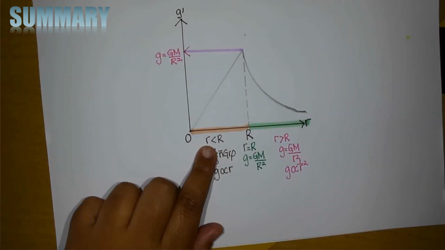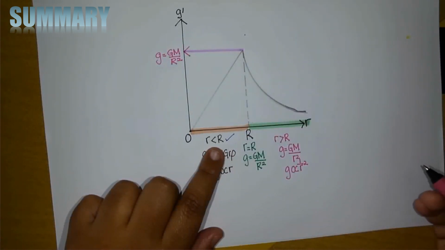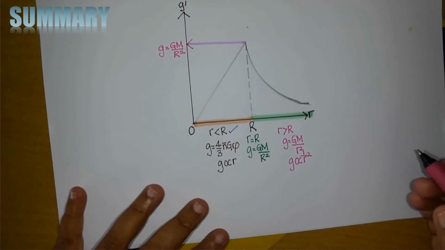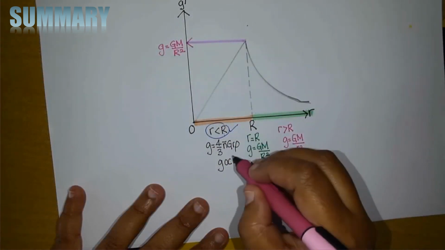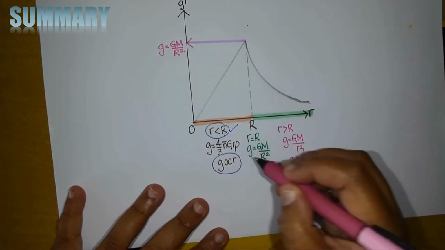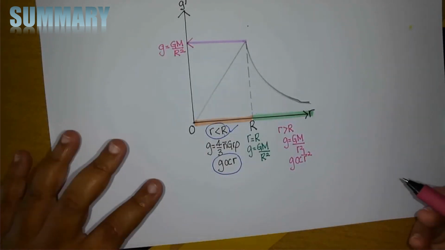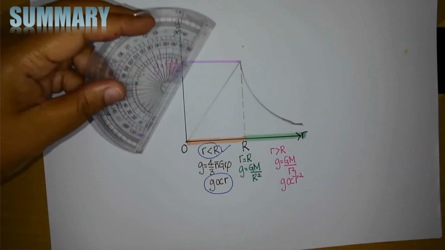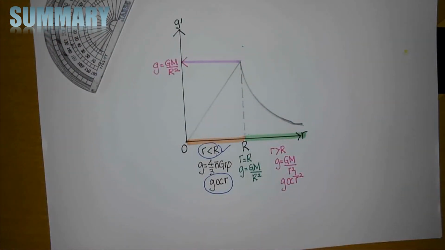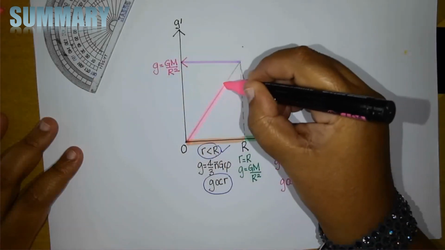First, r is lesser than the radius of the earth. At this distance, the acceleration due to gravity is directly proportional to the distance. That is why we have a straight line here. I'm going to take a pink pen and draw a straight line here.